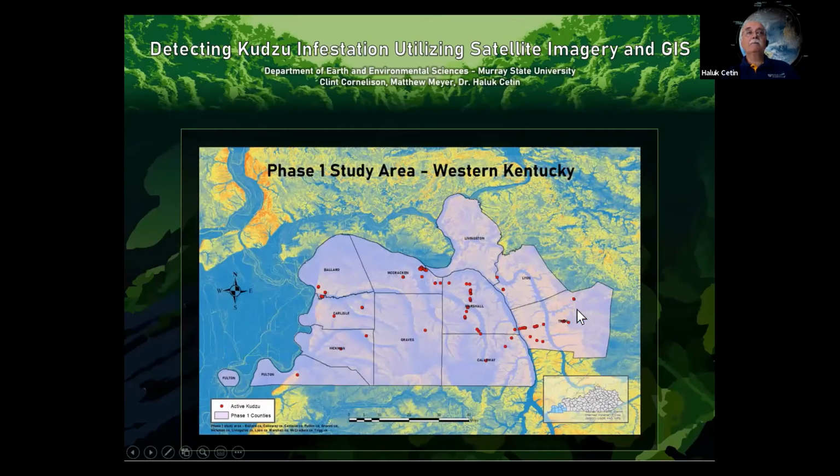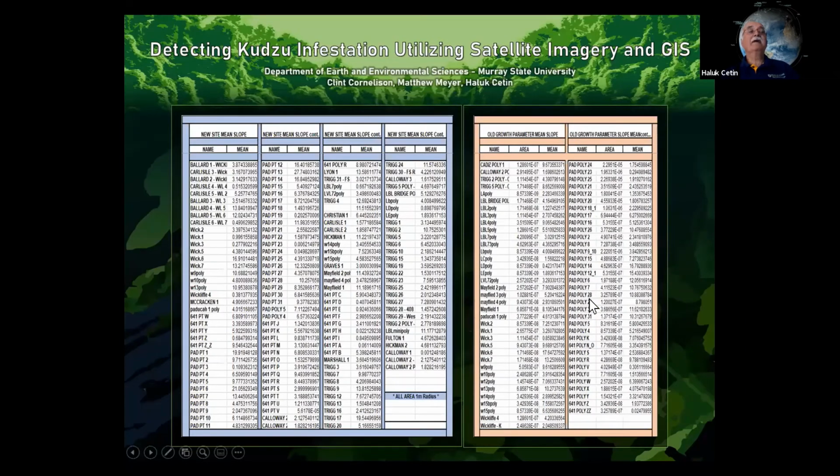So we also created much larger elevation models, and then we looked at some of the characteristics of topography where Kudzu is found.